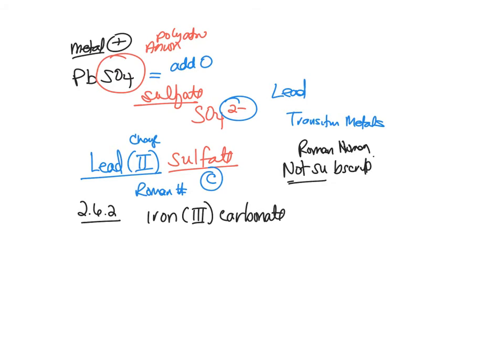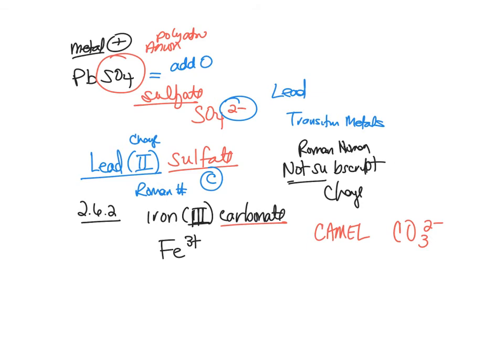Subscript is how many of the atoms, the elements, we have. The Roman numeral is the charge. So what's iron? You have to know that's Fe, and the Roman numeral 3 is 3 plus. Carbonate, you just have to have memorized, and remember, that is the camel. So we know that's CO3 2 minus.